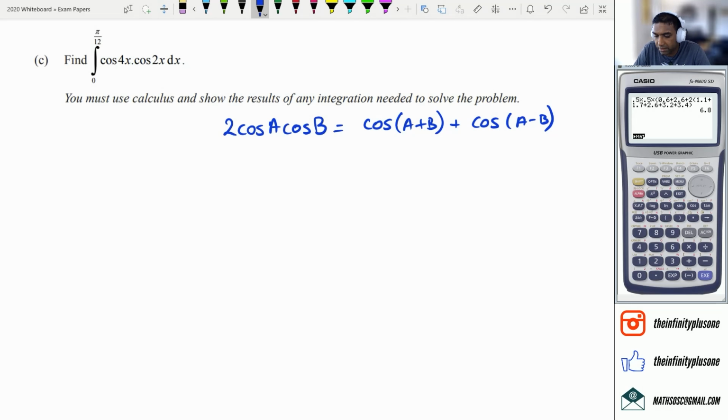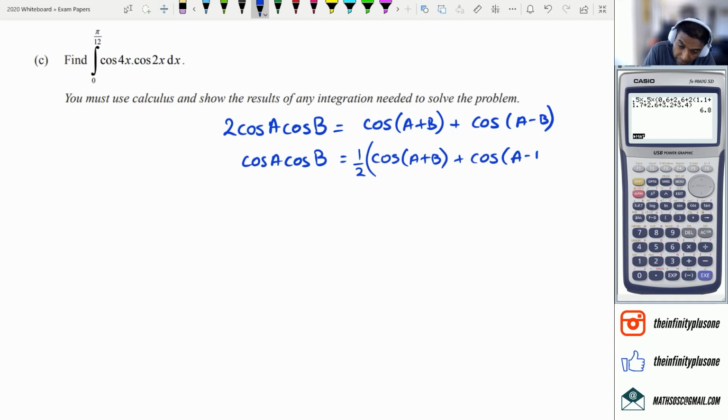So if that's the case, then I can say that cos A cos B equals half cos of (A plus B) plus cos (A minus B).